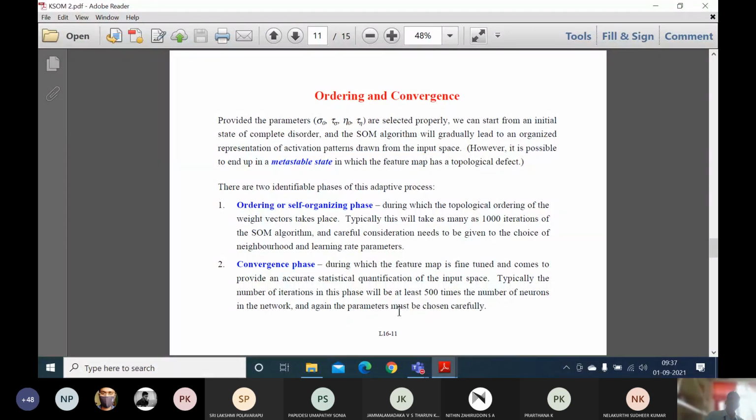So, the ordering or self-organizing phase. Provided the parameters eta naught and the other three parameters are selected properly, we can start from the initial state of complete disorder, and the SOM algorithm will gradually organize the representation of the activation patterns drawn from the input space.